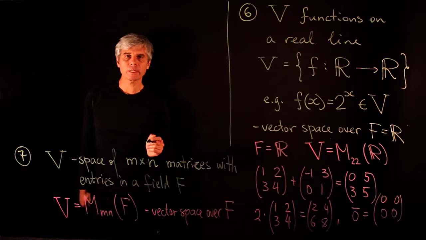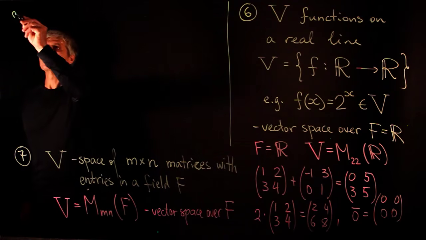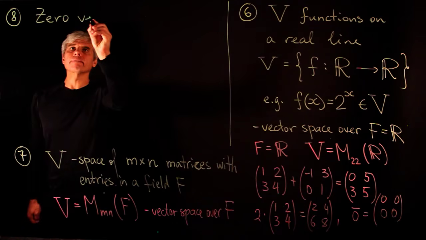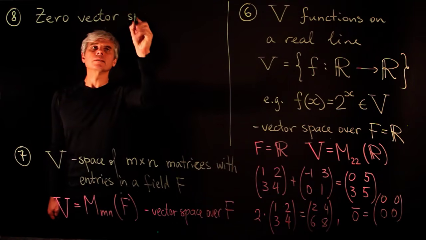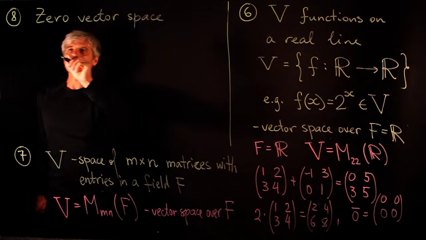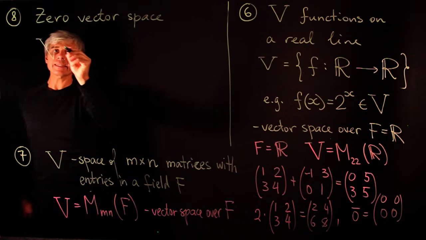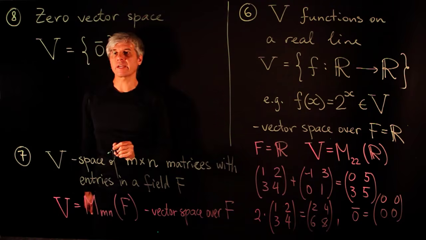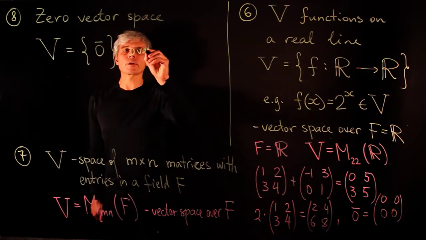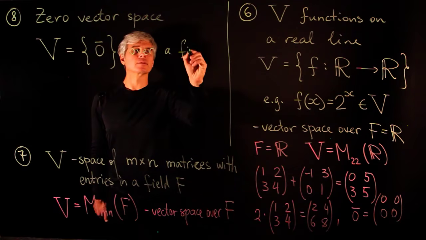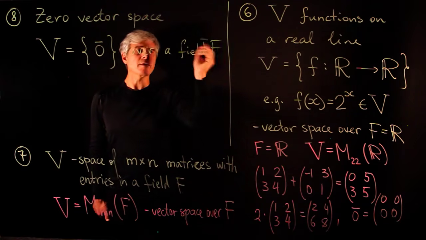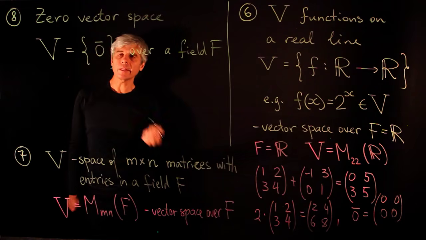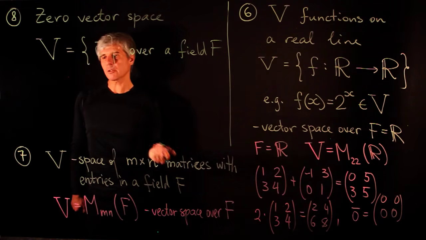And the last example that I want to mention today is something that's called the 0 vector space. So this, as a set, consists of only one vector. So we have a 0 vector, right? So this is over a field F, where F can be an arbitrary field. And so here we claim that this is a vector space.